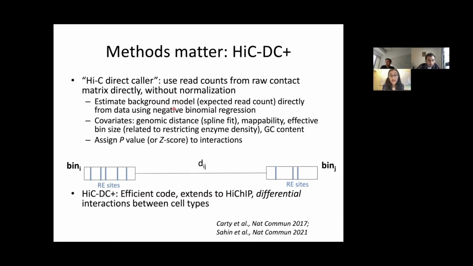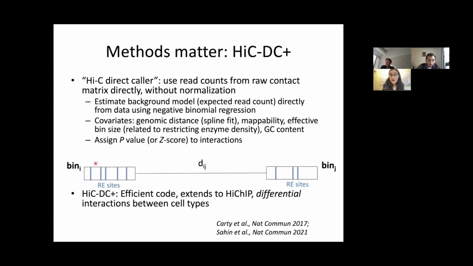So what we do is we estimate a background model directly from the data using negative binomial regression. The covariates are the genomic distance. Okay, so what's going to happen just from random polymer ligation is that the number of reads that you get decays off the diagonal. Okay, so you have to model that. That's the main feature of the data, this sort of dependence on genomic distance.